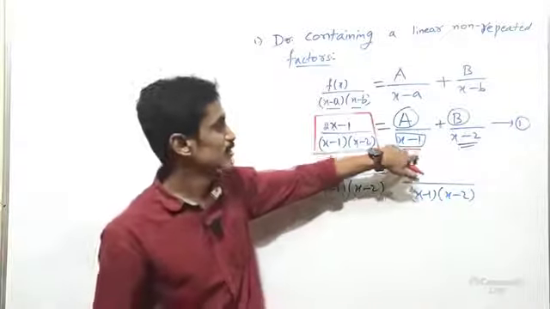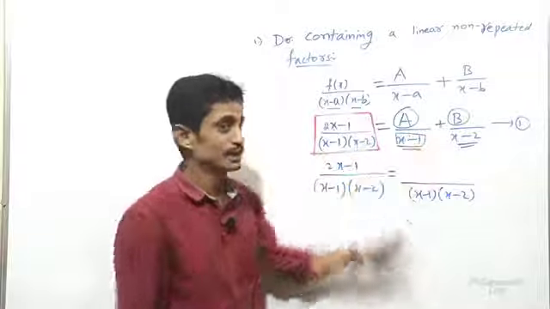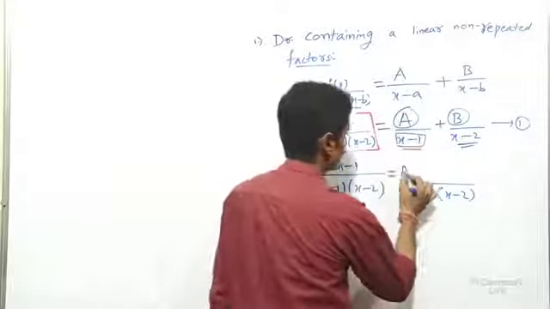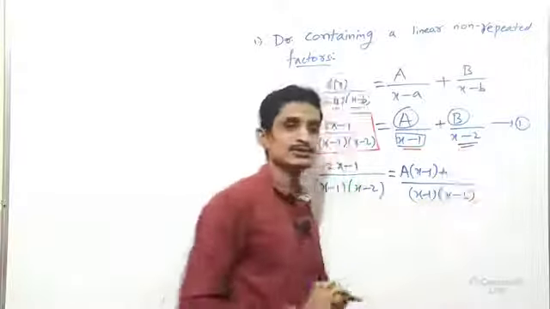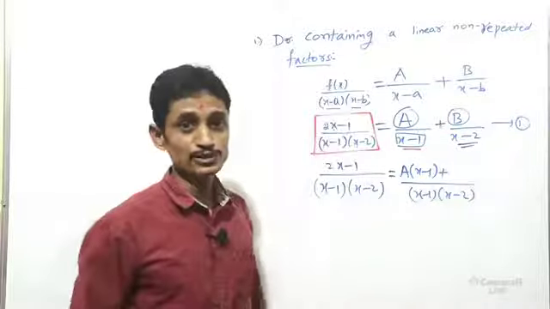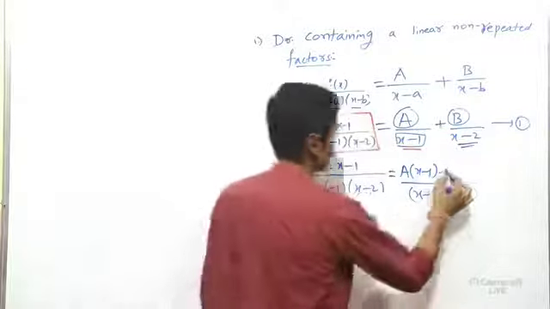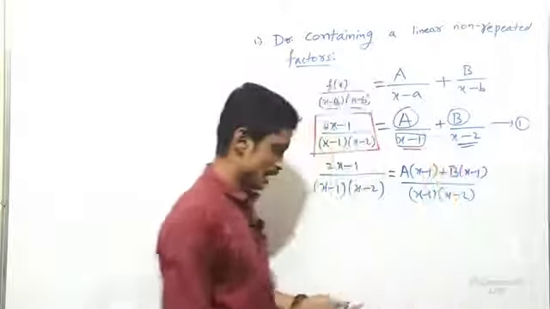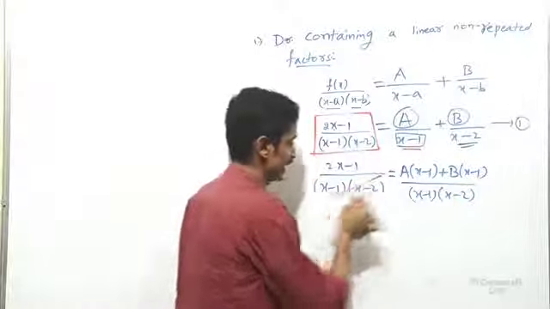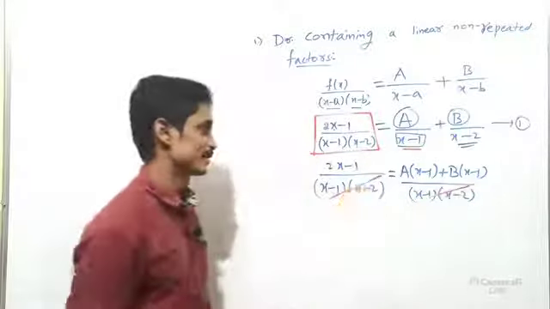Here x minus 1 is there, x minus 2 is not there, so we multiply a into x minus 2... plus, here x minus 1 is not there, so once you multiply by b, that is x minus 1. After that these two will cancel, both denominators.